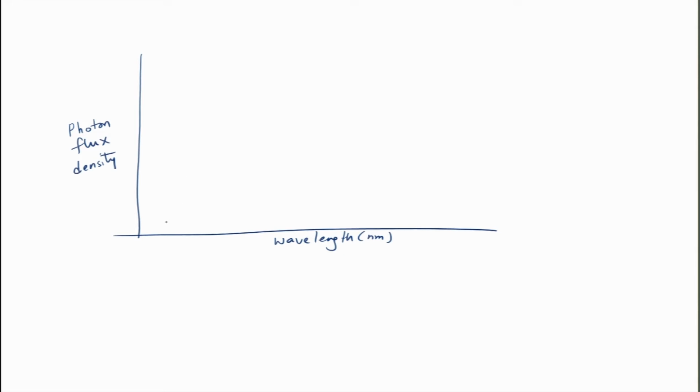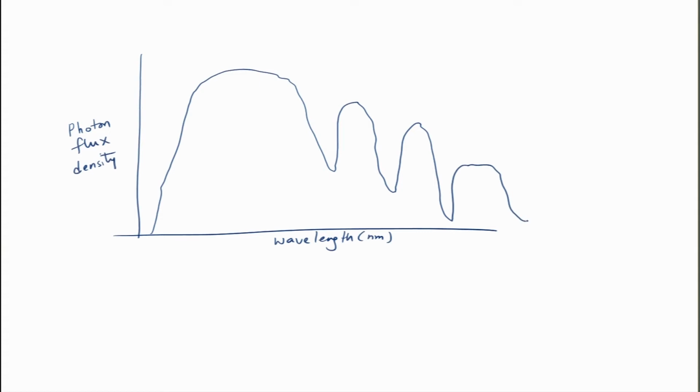Photon flux density goes as something like that, right, and it goes to higher wavelengths. So, this is your photon flux, and these are absorption bands at different wavelengths. And so, for the quantum efficiency, let us say you have a solar cell whose band gap is somewhere here.